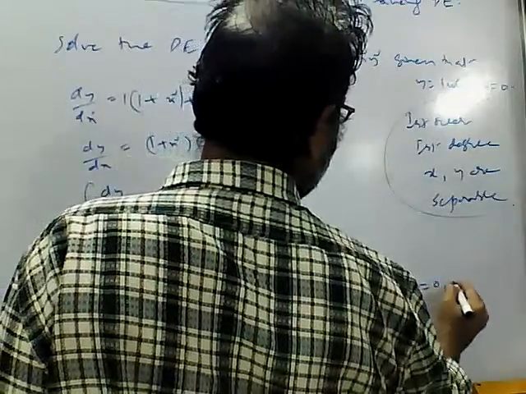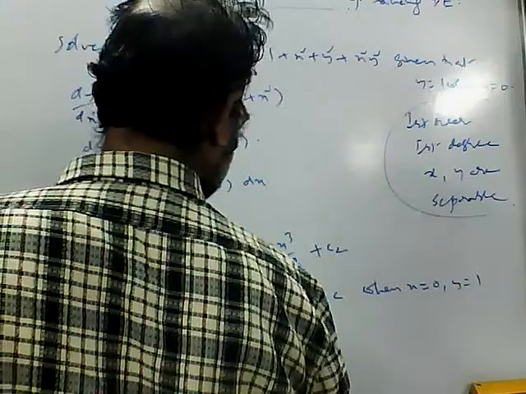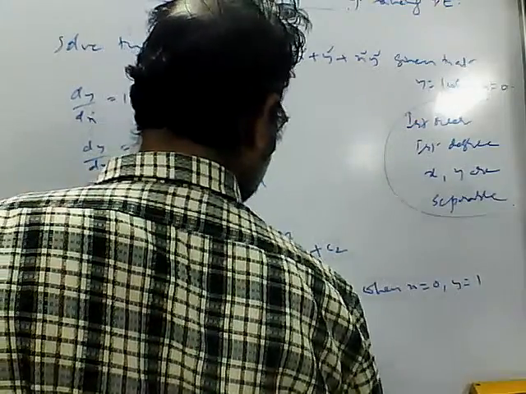Implies tan inverse y is equal to x plus x cube by 3 plus c. So when x is equal to 0 and y is equal to 1, tan inverse 1 is equal to 0 plus 0 by 3 plus c, implies c is equal to pi by 4.